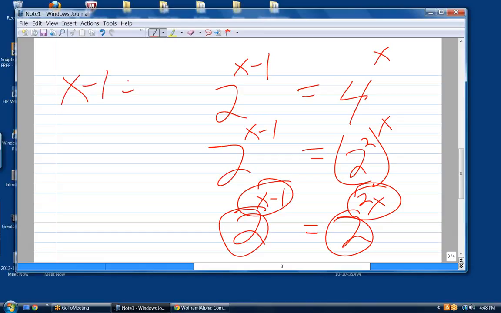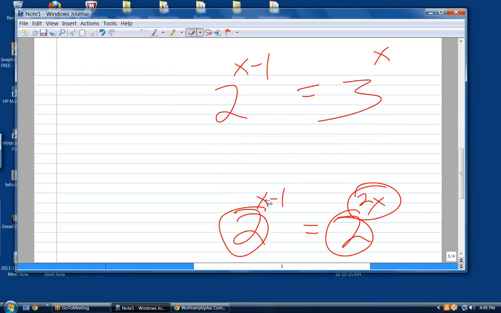So x minus 1 equals 2x, and I can solve that. X equals minus 1/3. So unless it's a simple one where they're using the same exponential base, you can solve those without logarithms. But put a number in there that's not an exponential multiple of 2, like 3, and I got to use it. The only way to solve that is take the log of both sides.